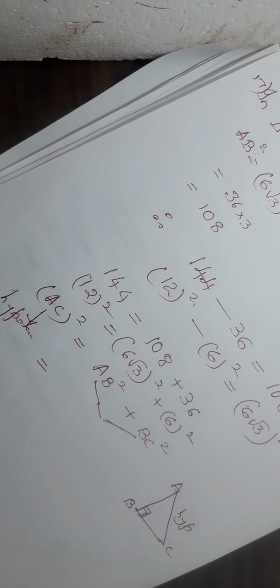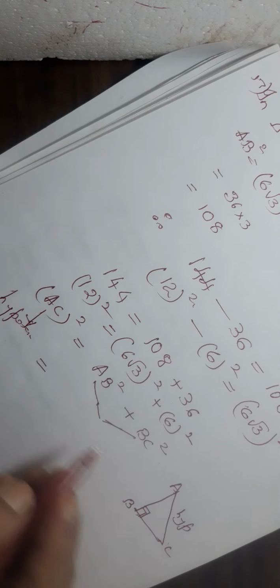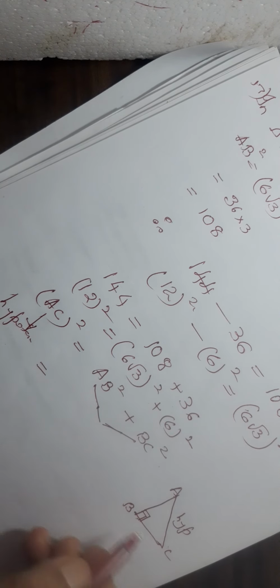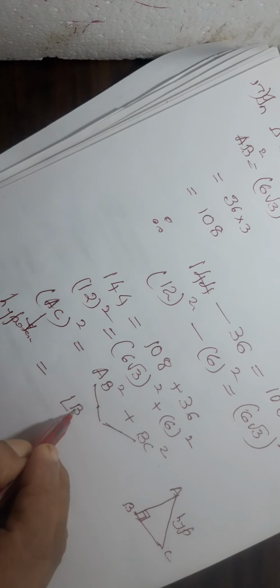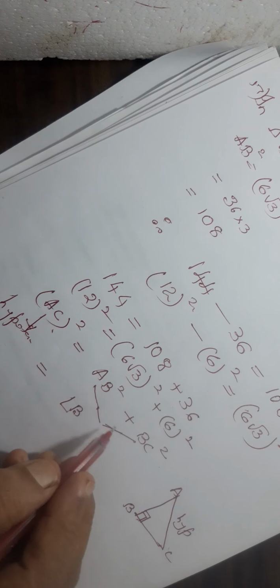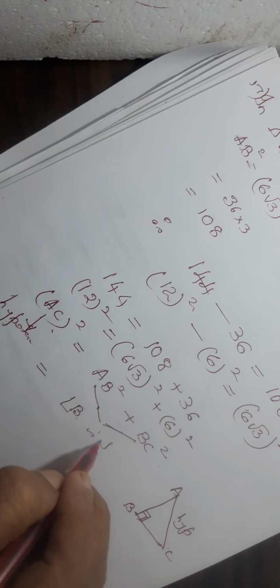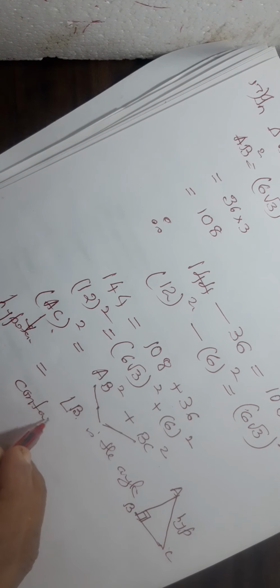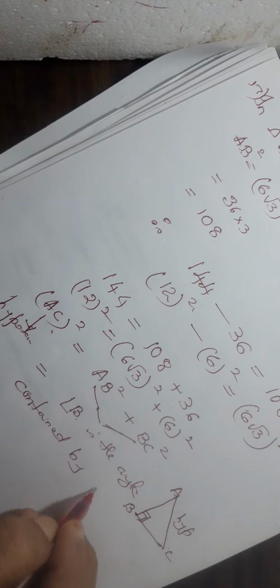So the angle B, they have told you here, options 120, 60, 90 and 40. Because you get such a relationship, you should say that angle B will be the angle contained by these two sides, so this will be the hypotenuse. Angle B is the angle contained by AB and BC.